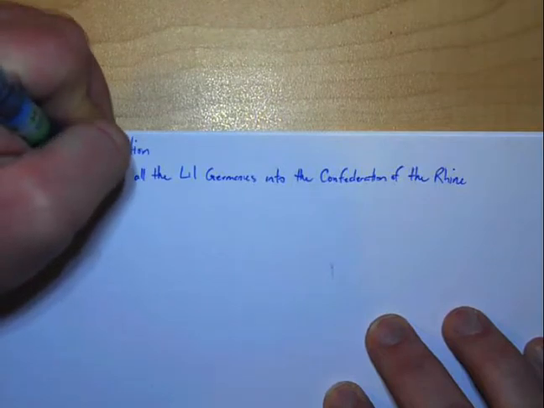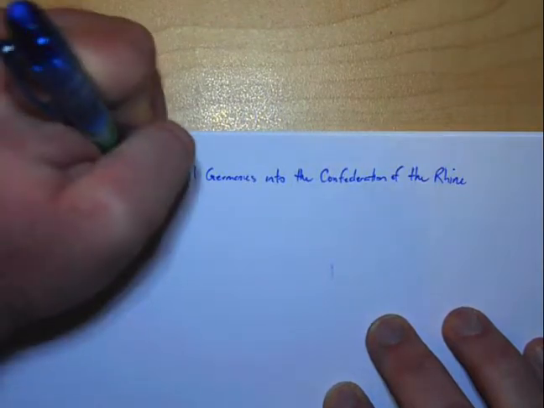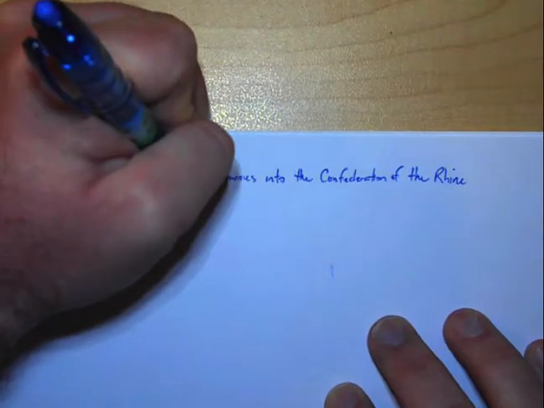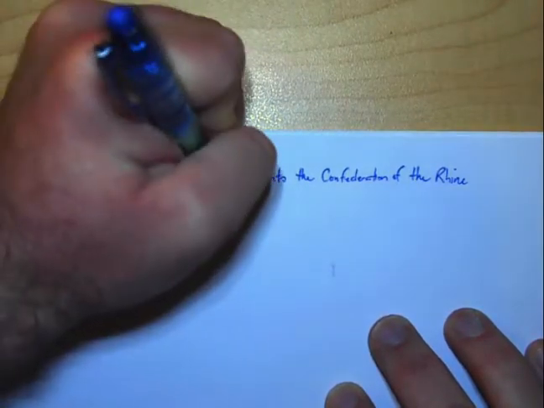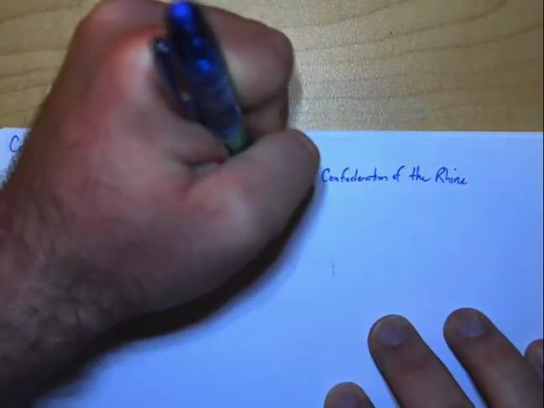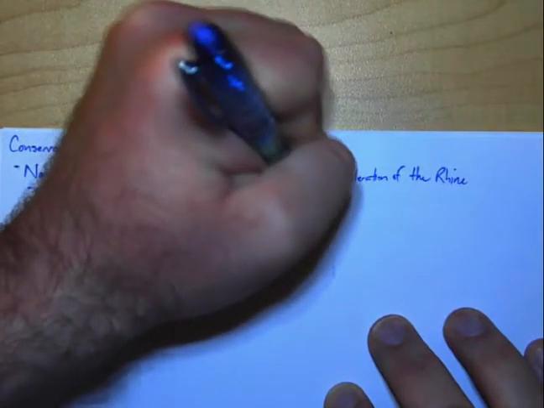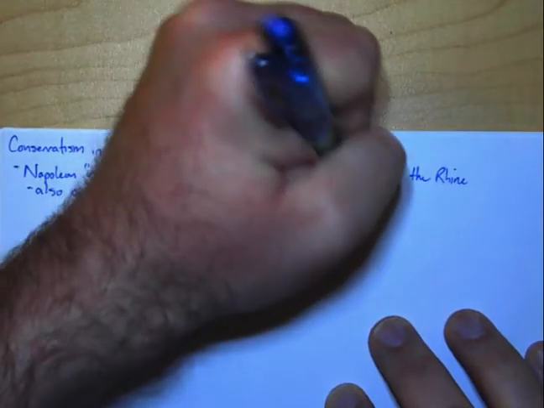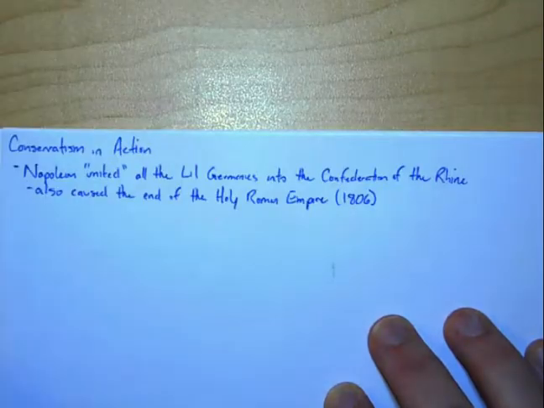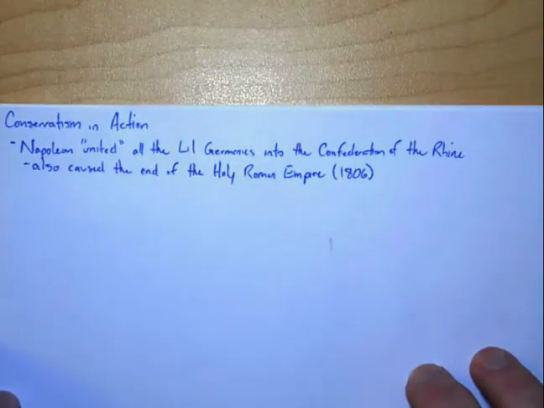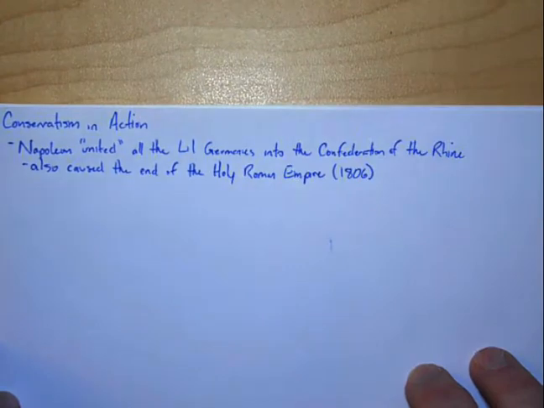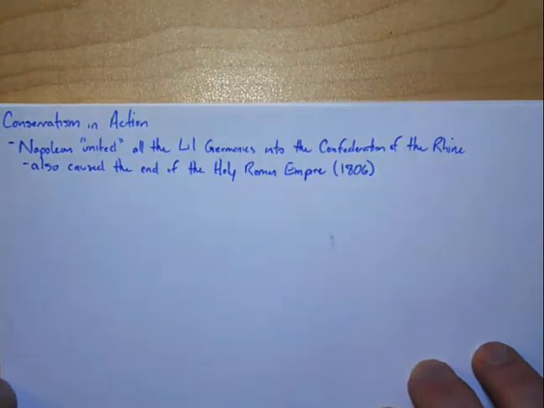And in doing so, also caused the end of the Holy Roman Empire. And this all happened in 1806. So once Napoleon was gone, the Holy Roman Empire was gone, the Confederation of the Rhine was gone.